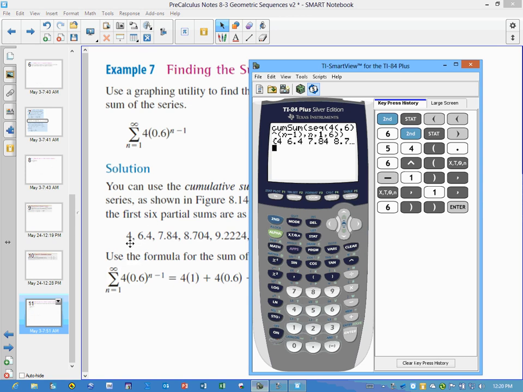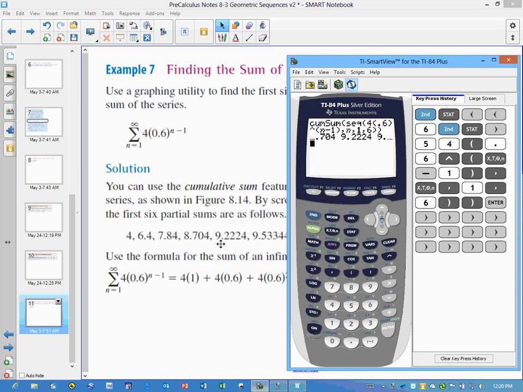4, 6.4, 7.84, and if I want the other numbers, I again just keep scrolling to the right. There's the 8.704. There's the 9.22, 9.2224, etc. And you can see we can get all the numbers just by arrowing to the right.